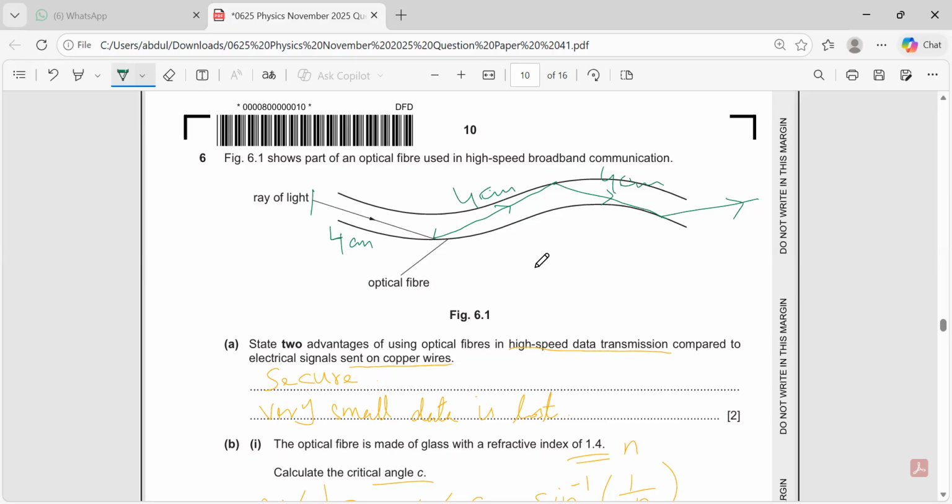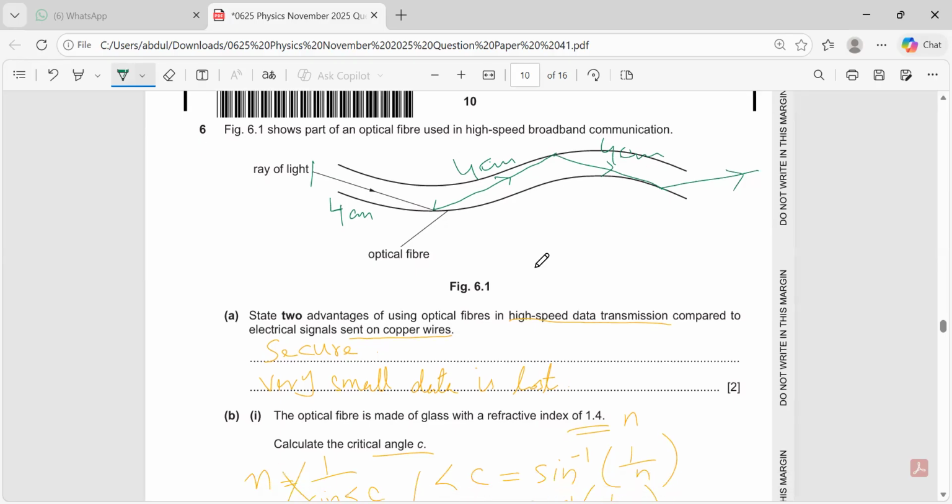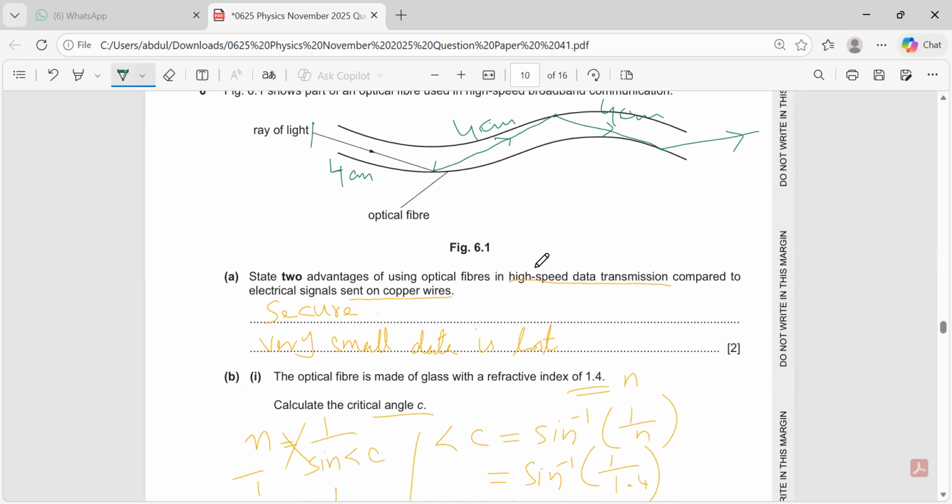So if you continue the same length within the fiber, bottom to top, top to bottom, total internal reflection is going on. The angle of incidence and reflection everywhere will stay the same. By the same rule, if all three sides of the triangle are equal, all three angles are also equal. It's very simple. But draw good lines, thin lines, and straight lines, not like me. I have done it just roughly.